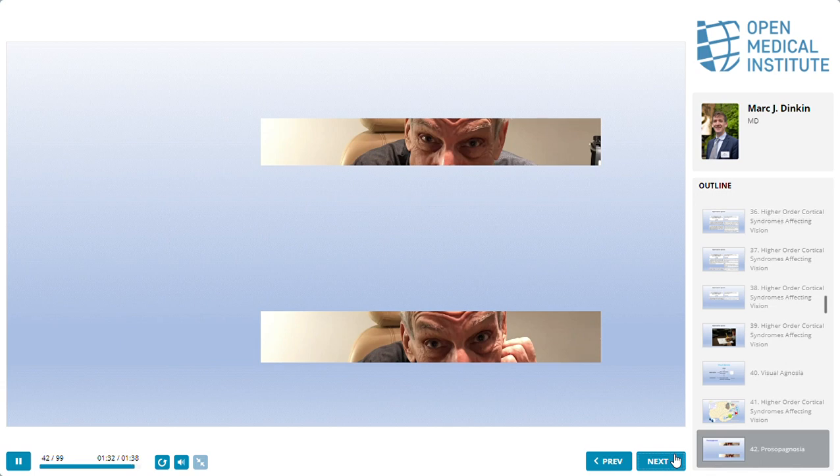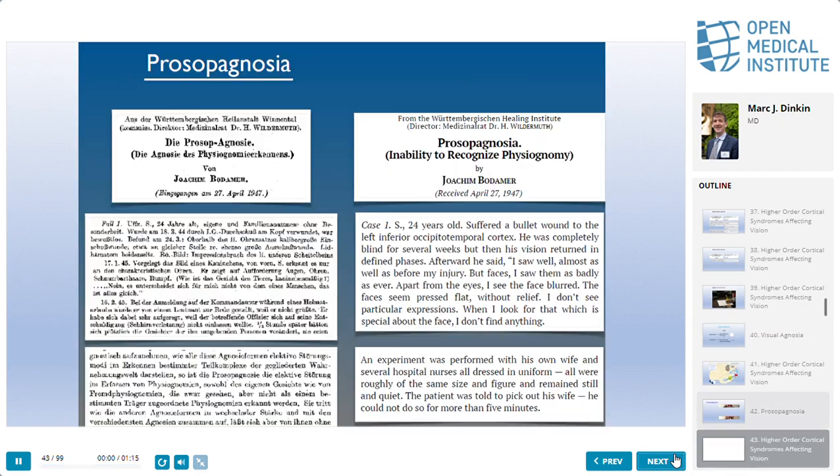So very profound prosopagnosia. Prosopagnosia was actually described before Bodamer in 1947, but Bodamer really had a very good description. And actually, can we go back one slide? I think I skipped ahead. Okay. Case 1, a 24-year-old, bullet wound. This is World War II. The left inferior occipital temporal cortex. Blind, but then vision returned.